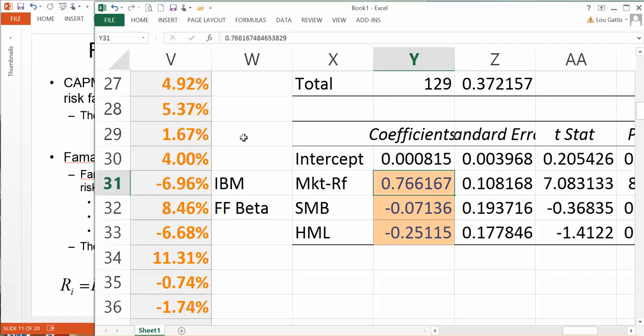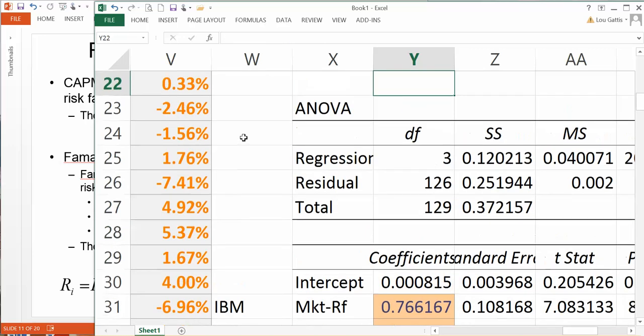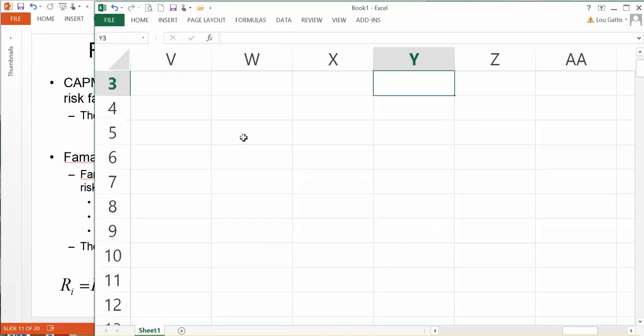So when I apply my Fama-French formula, these negative betas times those positive premiums are going to drag down IBM's return. Now if you did this exercise on a very small cap, a micro cap, you might find this SMB beta turns out to be a high positive number, and then Fama-French would forecast a high expected return because historically small caps have outperformed.